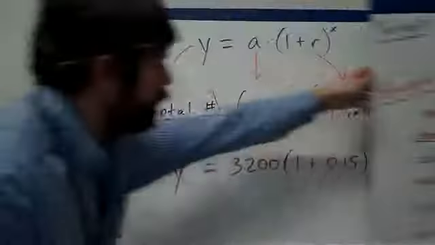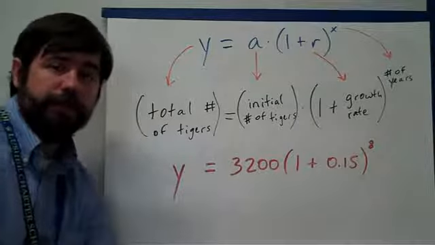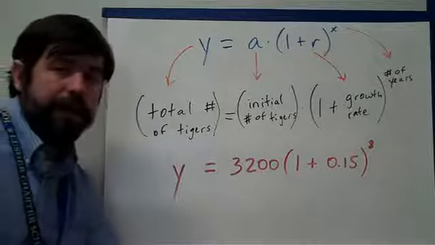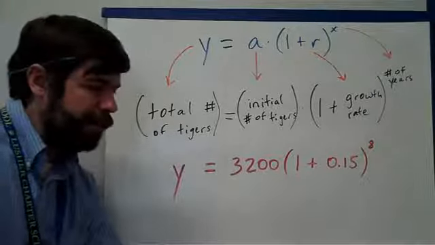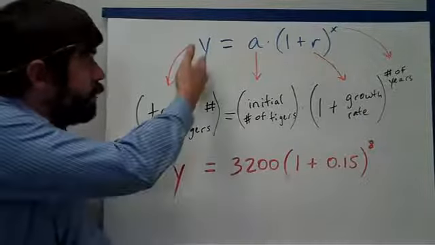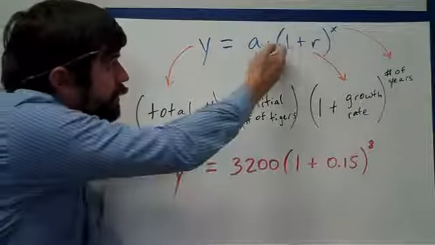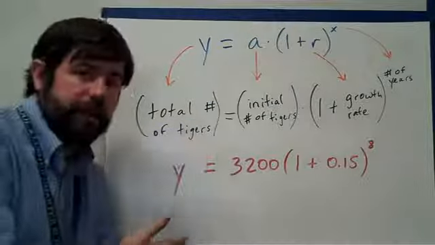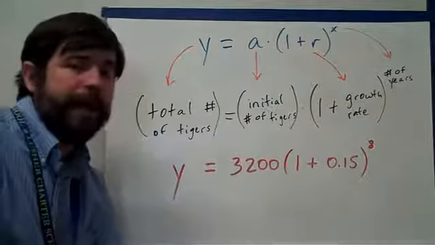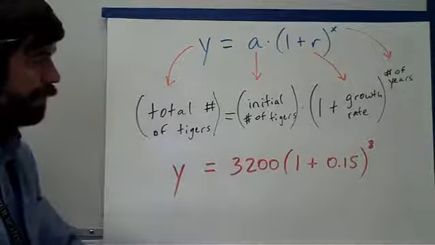Okay, so the first thing we can do is use our exponential growth model. The model that we created in class using the flu virus data that we generated was y equals a, where a is the starting point, times 1 plus r, r being the growth rate, to the x power, where x is the number of cycles or years, whatever the case may be.